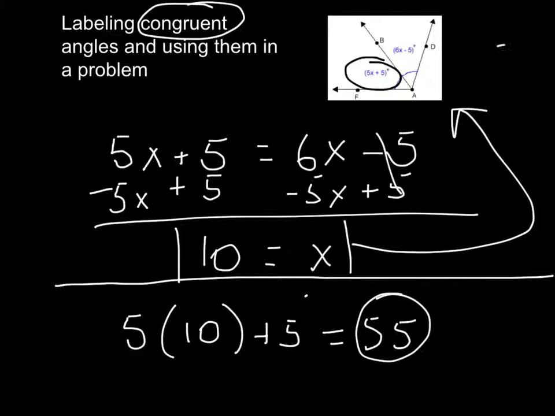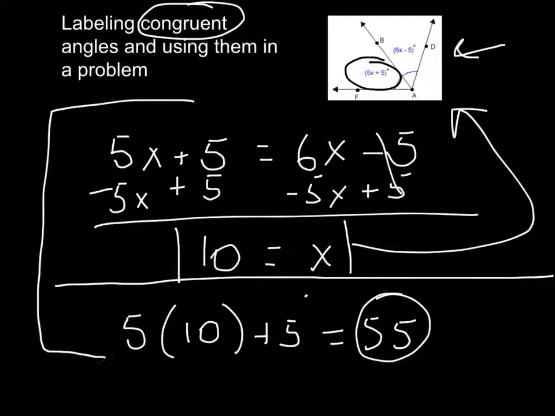Now if I did that for this one as well, you'll notice 6 times 10 is 60, minus 5 is also 55. They have to have the same answer, or else they're not congruent. Because we said in the beginning they're congruent, you would know if you didn't get the same number for both angles that you made a mistake in this section when you solved for x.